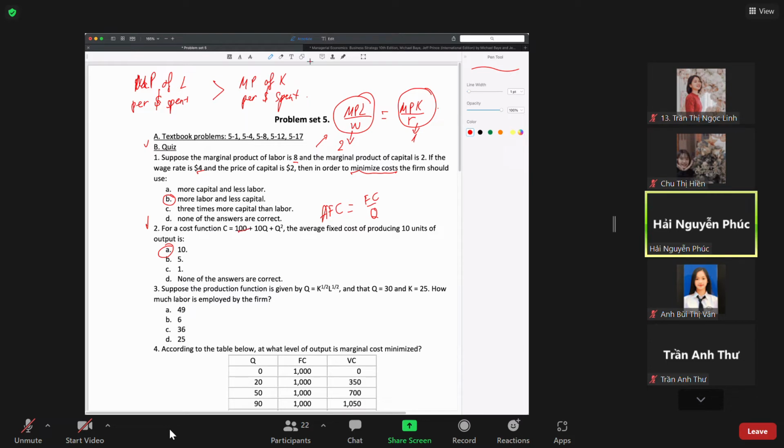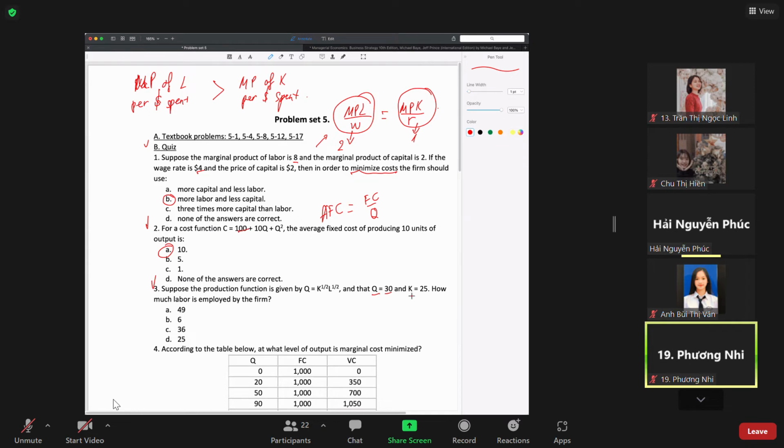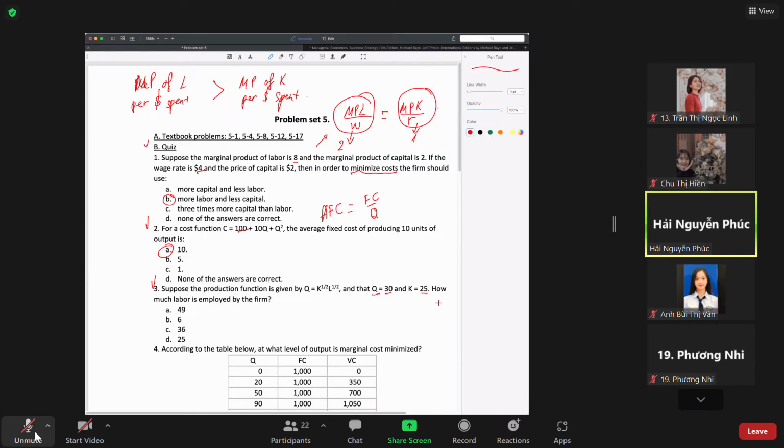The next one, question number 3. We have a production function, which is a Cobb-Douglas function. We know that the output is equal to 30, K is equal to 25, and they are asking how much labor is employed.